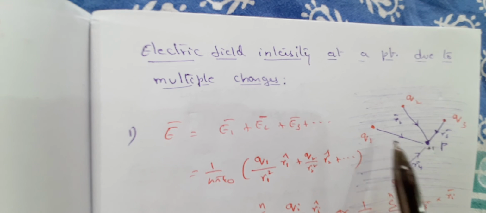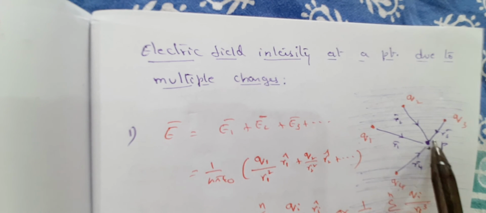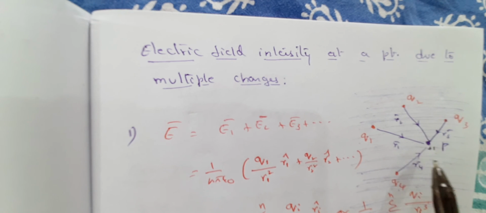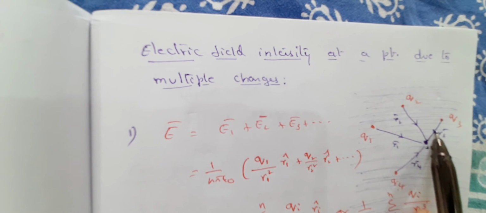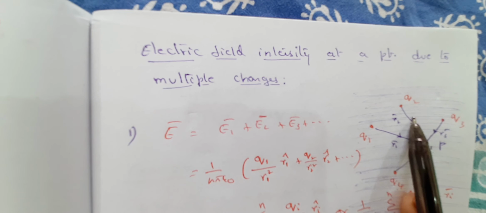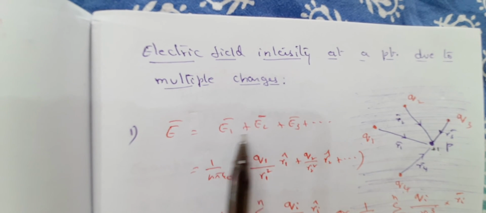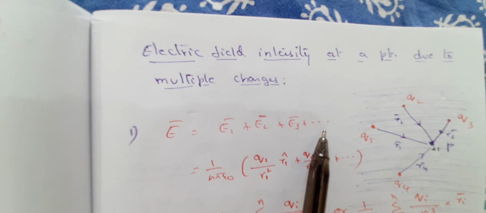Right. So now if I want to find out the electric field strength at this point, I need to find out the electric field strength due to every individual charge. Let me write it as E1 bar, E2 bar, E3 bar, E4 bar. Then E bar is equal to the vector sum of all these electric field strengths.